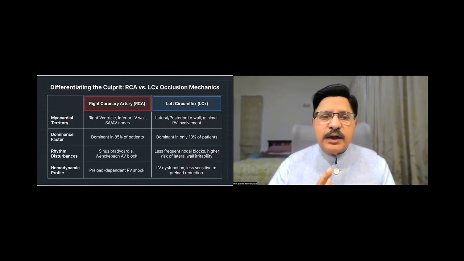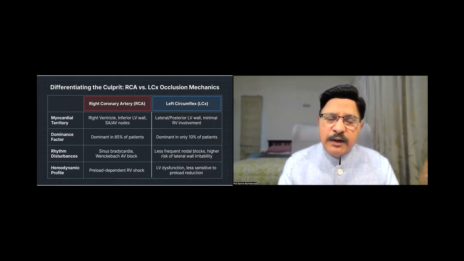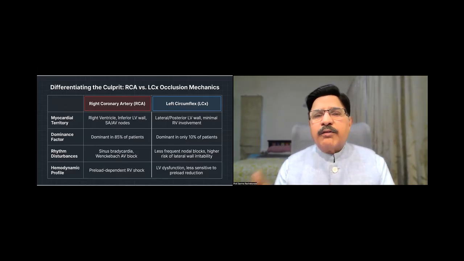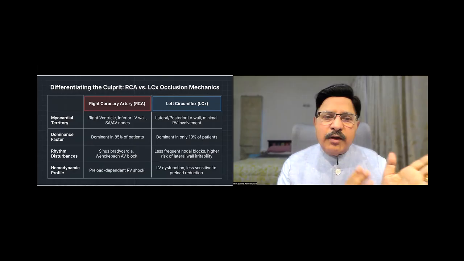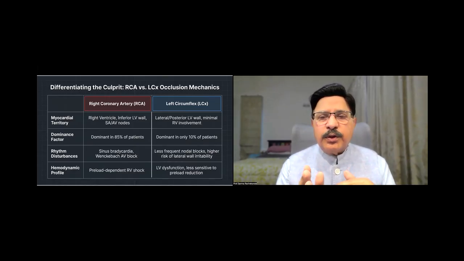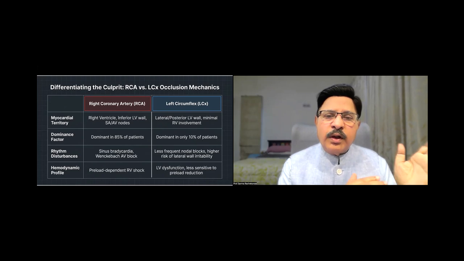Now, we are dealing not with the LAD or the left main, but we are dealing with right coronary or left circumflex. Right coronary will produce inferior infarction. Left circumflex will produce lateral infarction. Right coronary: right ventricle, inferior wall, SA node, AV node.